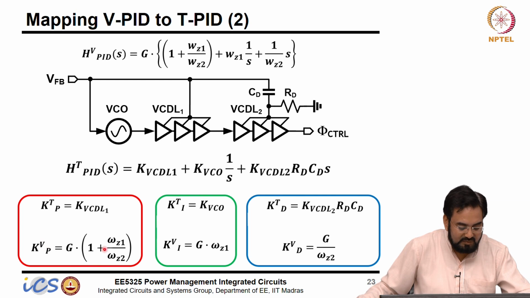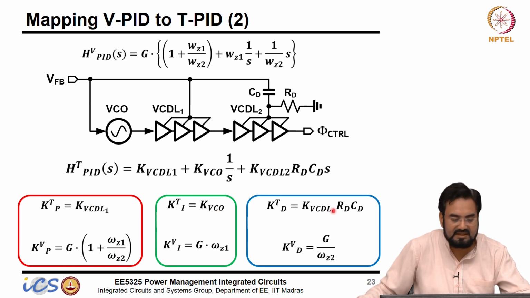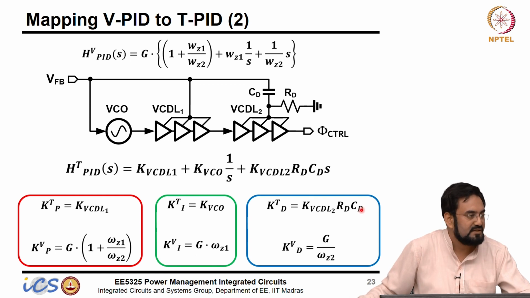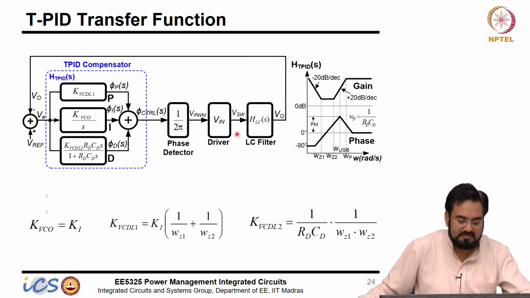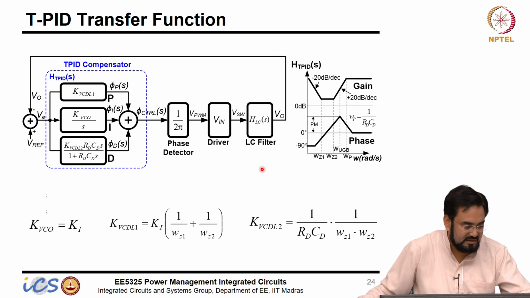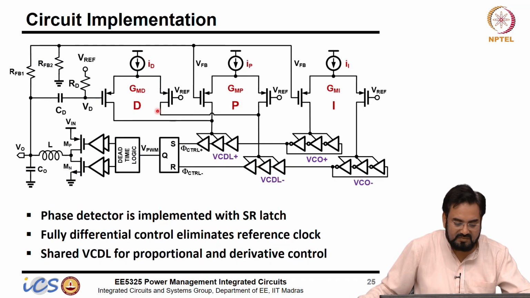In the voltage domain, in terms of zeros, it is this, and if we equate them, we know omega Z1 and omega Z2, so we can calculate KVCDL, KVCO and RDCD. Everything we can calculate and map to that, model in the frequency domain and design the whole thing.